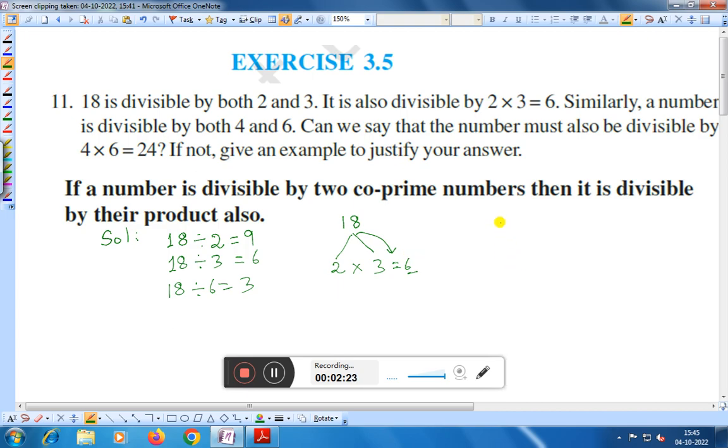First of all, we have to determine whether 4 and 6 are co-prime numbers or not. Let us find out whether 4 and 6 are co-prime or not.